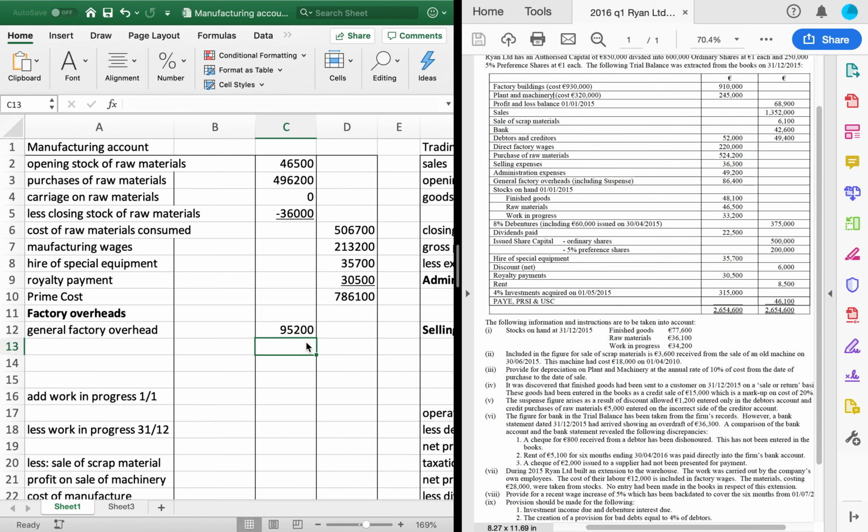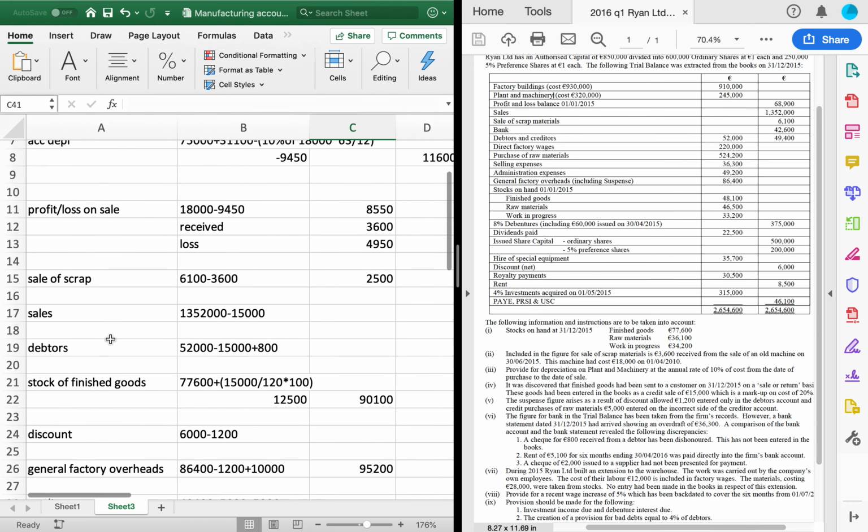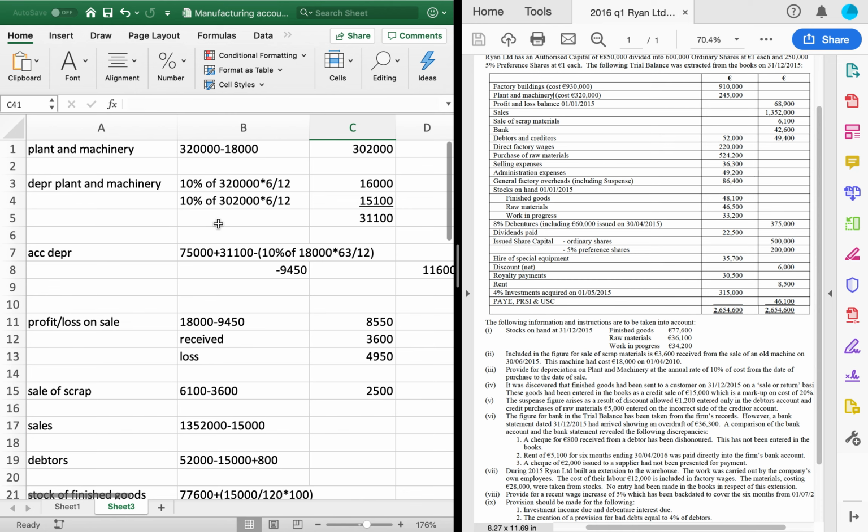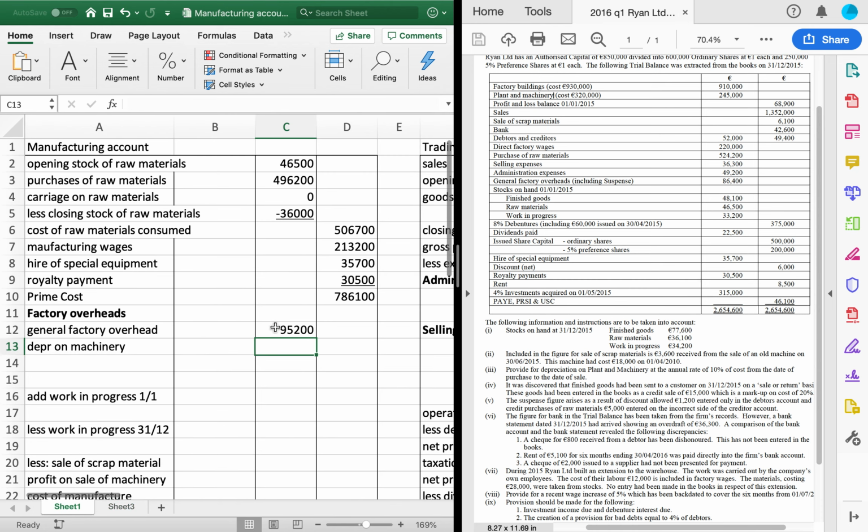Then we have our depreciations. So depreciation on machinery is, I think it's 30 something, 31.1. And if you've made a loss on the sale of your machine, that will go in here.